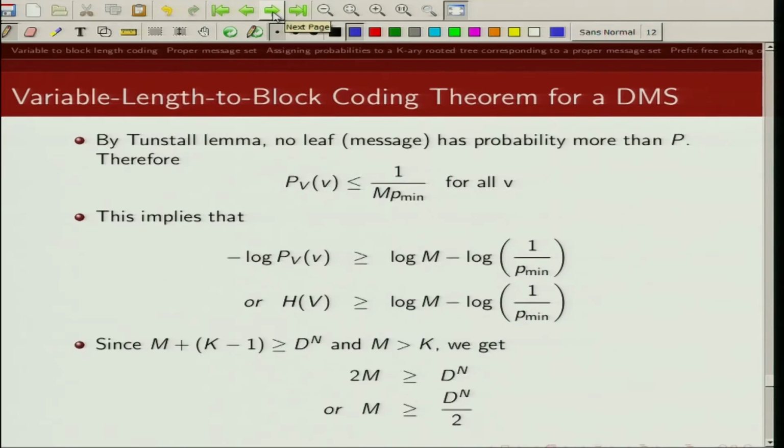Next, what is the number of messages we have? The number of messages that we have is k plus q times k minus 1. And the number of code words we have is D to the power n. So the maximum number of messages that we can have is basically up to D to the power n.